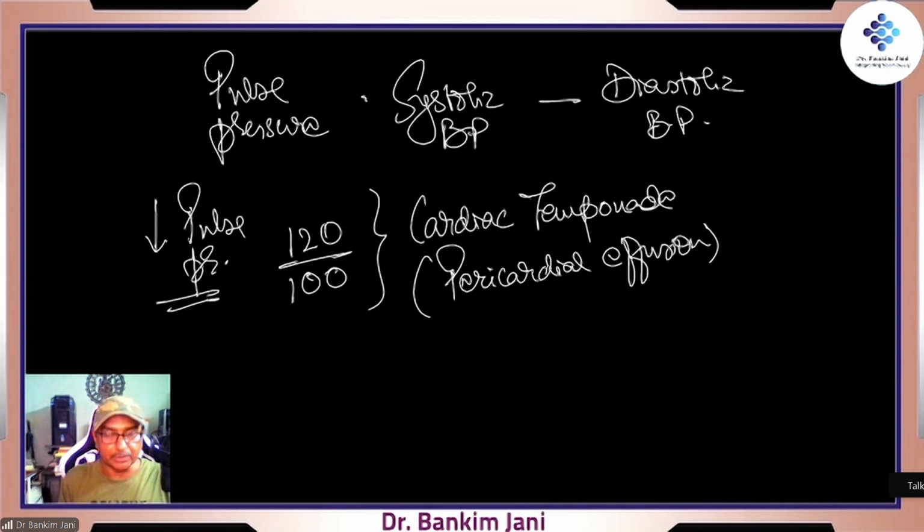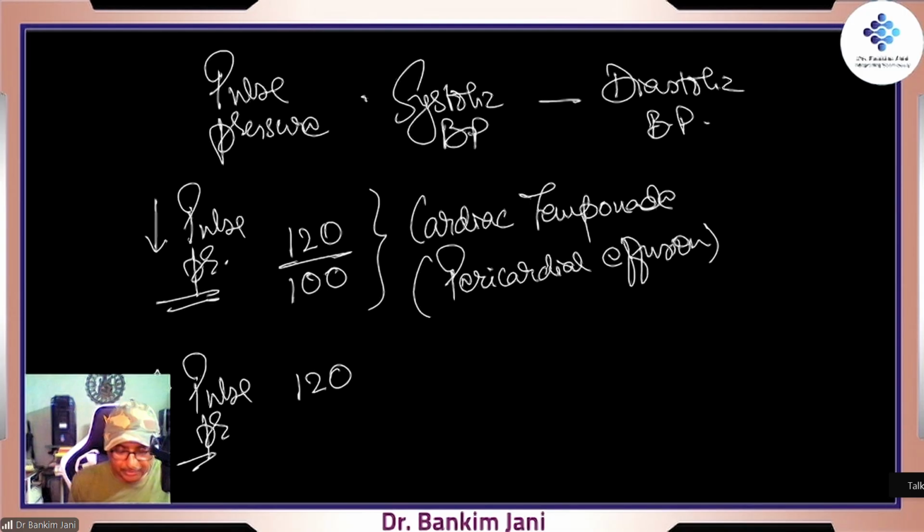Then there is increased pulse pressure. When the systole becomes bigger and the diastole falls, either way, even if it is say 120 upon, let's say, 60, this is increased pulse pressure.